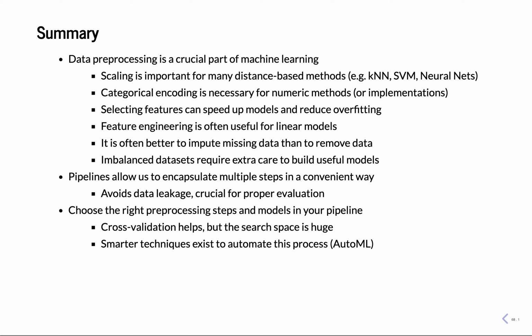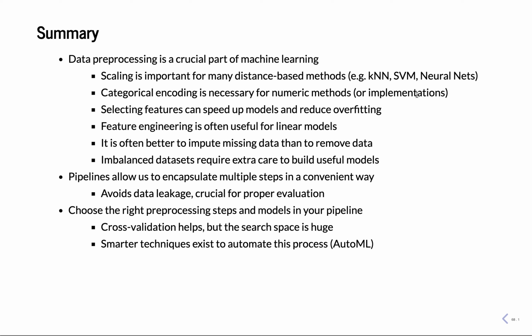Scaling is very important for any method that has some kind of distance, like KNN, SVM, neural nets. If you don't scale the data, they won't work well at all.